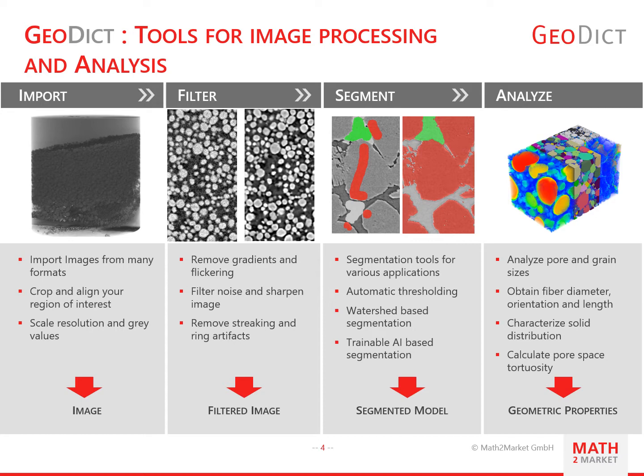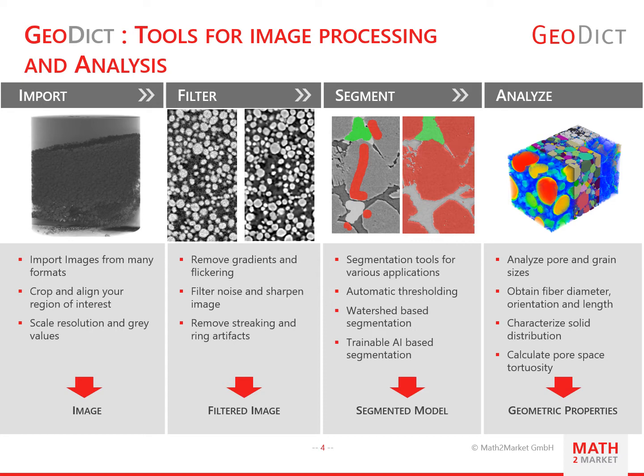Because to, for example, do flow simulations or understand grain size distributions, we need to define what part of your image is solid and what part is pore. Or in the example that is shown here, we have three phases: a pore space, here labeled red, the solid, and then a different solid in green.